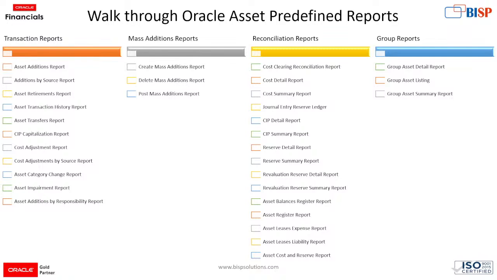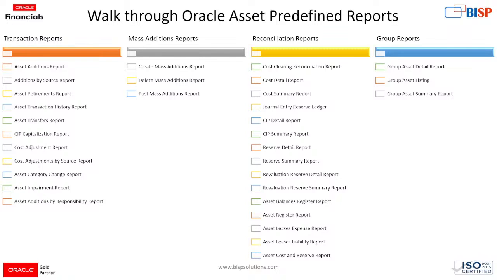CIP summary report, it is a list of CIP cost account summary balances for a specific period. Reserve detail report, list of asset level, asset reserve and account balances for a specific period. And reserve summary report is a list of reserve account summary balances for a specific period. So there are a lot of reports related to the reconciliation reports.